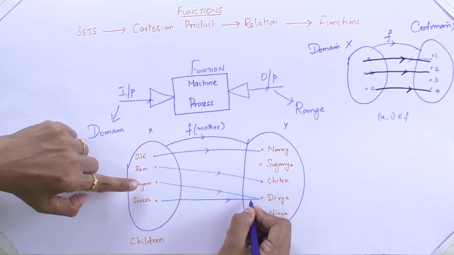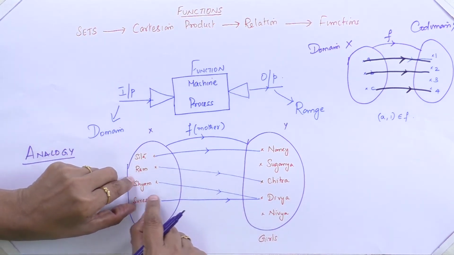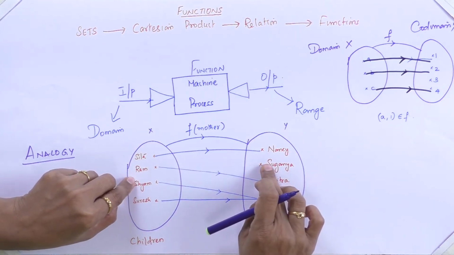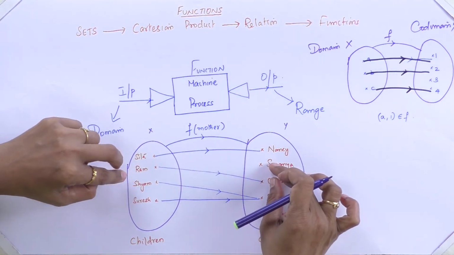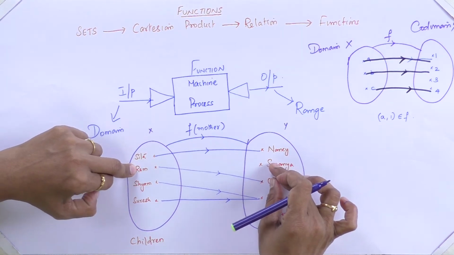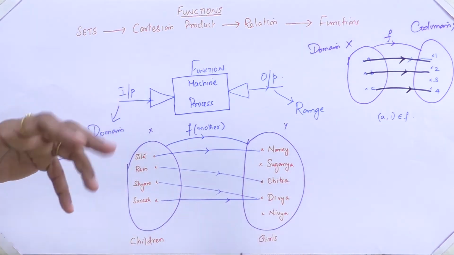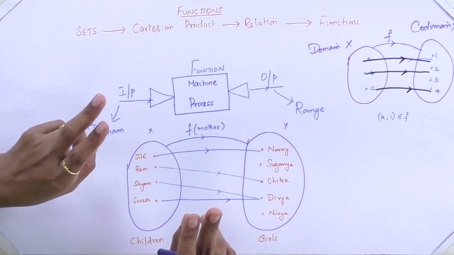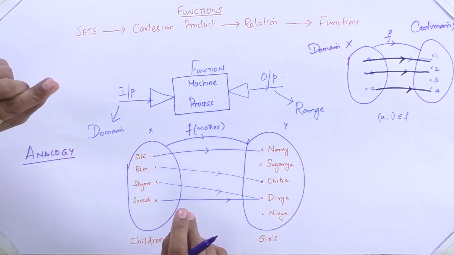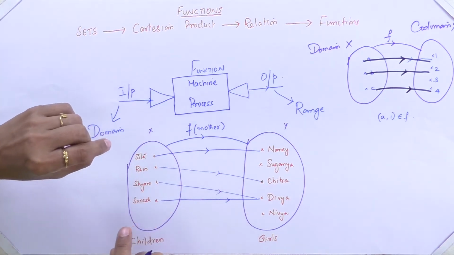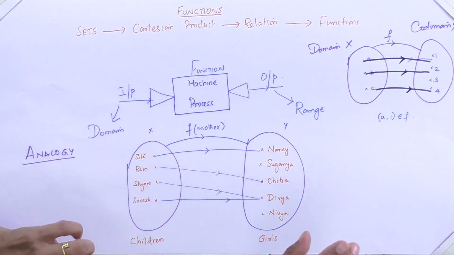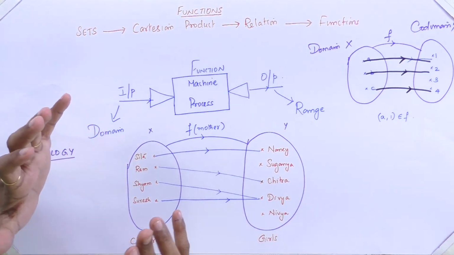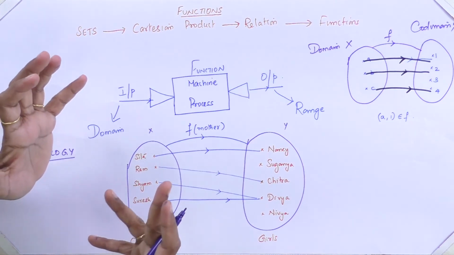So this is possible, that 2 children can have the same mother, but 2 mothers cannot have the same child. Of course, practically also it is not possible. So 2 mothers cannot have the same child, but 2 or more children can have the same mother.